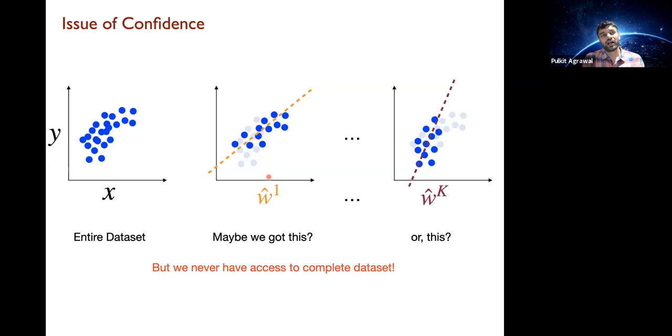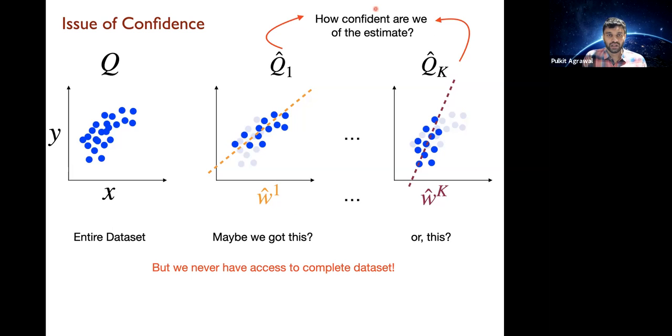Or is my model able to recover the ground truth hypothesis from which the data is generated? The same thing I've illustrated here. If you had Q functions, depending on what data set I could get, I could get either estimate Q hat 1 or Q hat K, and we want to know how close we are to the ground truth Q function.